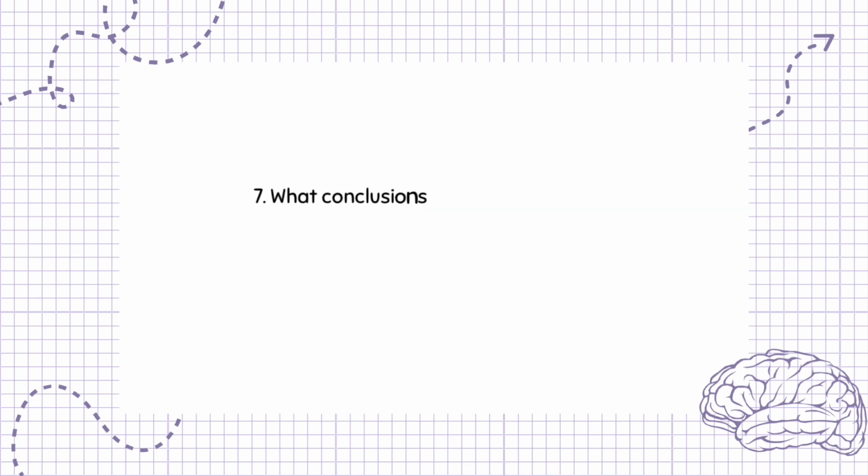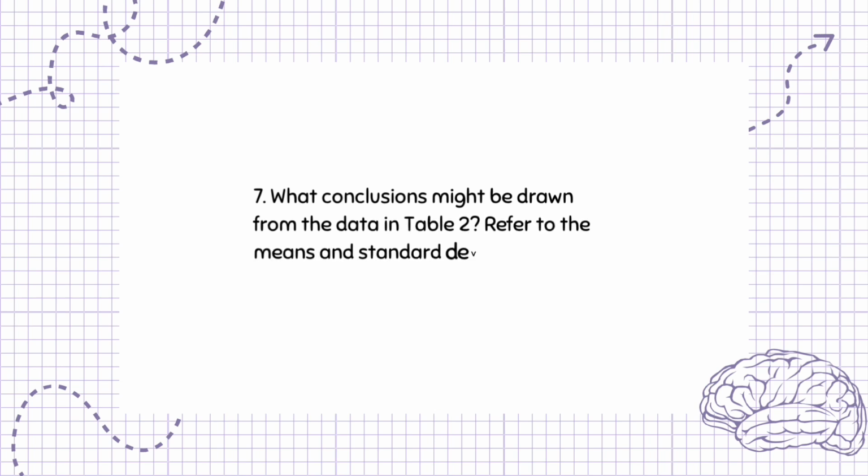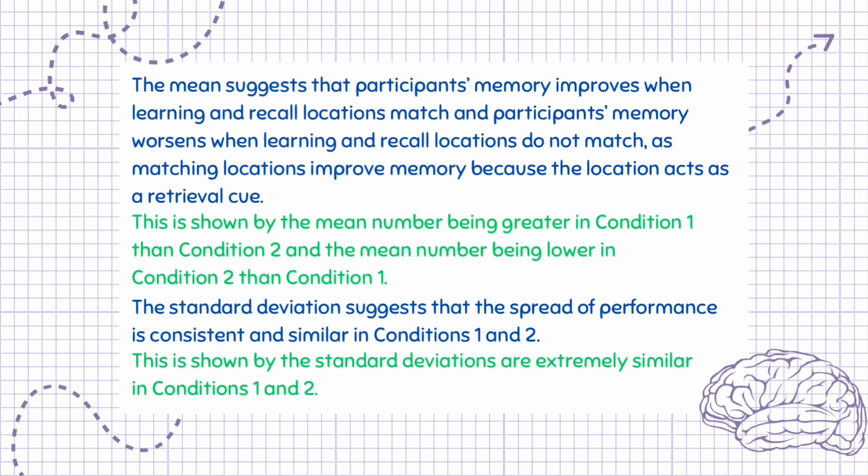Question 7. What conclusions might be drawn from the data in Table 2? Refer to the means and standard deviations in your answer. 4 marks. The mean suggests that participants' memory improves when learning and recall locations match and worsens when they do not match, as matching locations improve memory because the location acts as a retrieval cue.